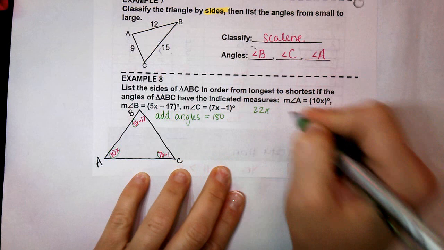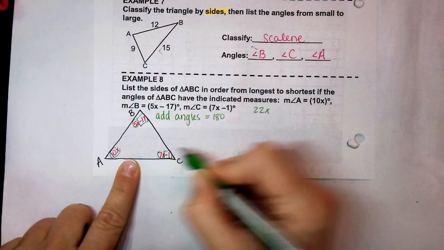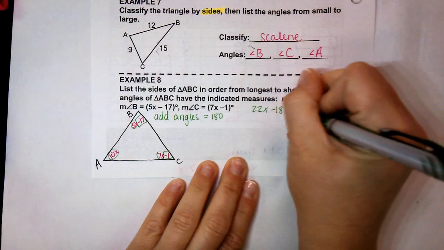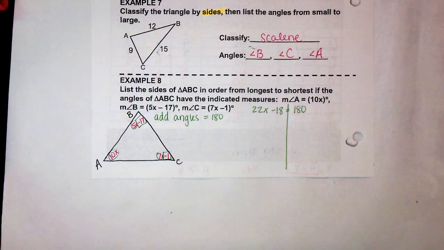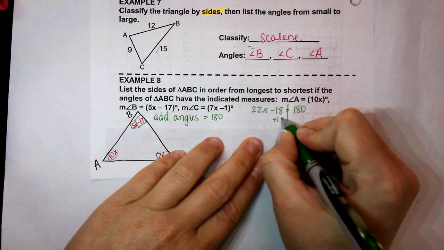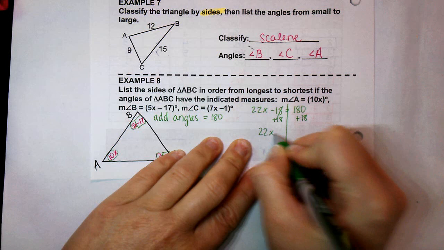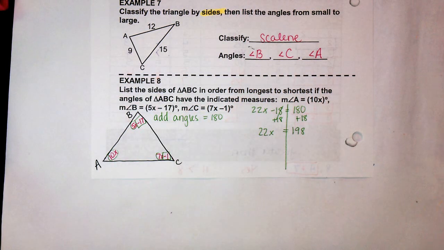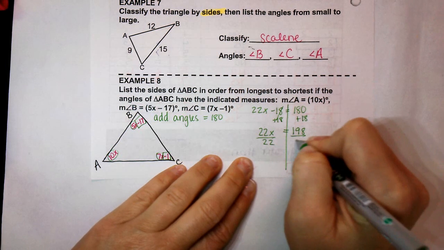Minus 17 minus 1 is minus 18, and then it equals 180. Find x first. So we're going to add 18 to both sides. 22x equals 198. X is 9. Good. Divide by 22.